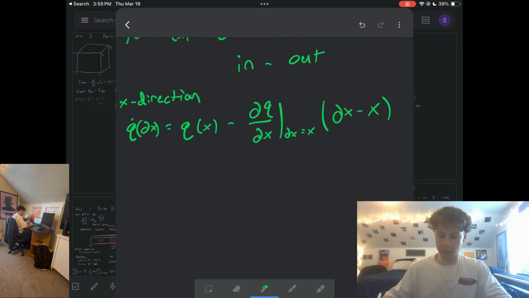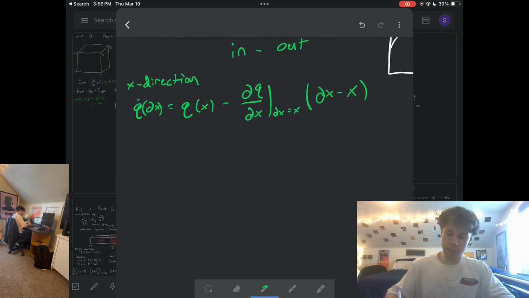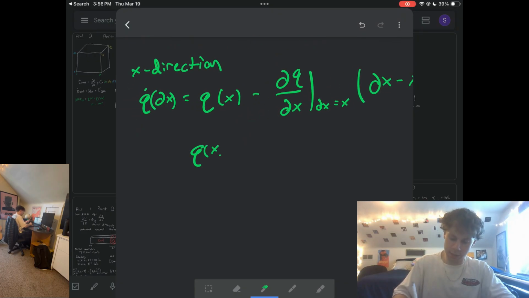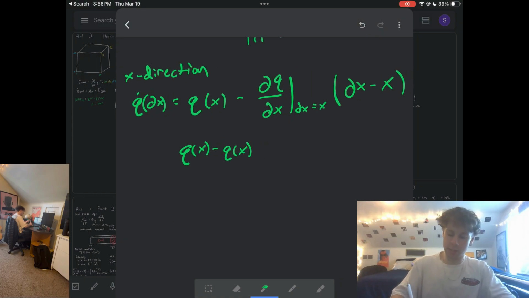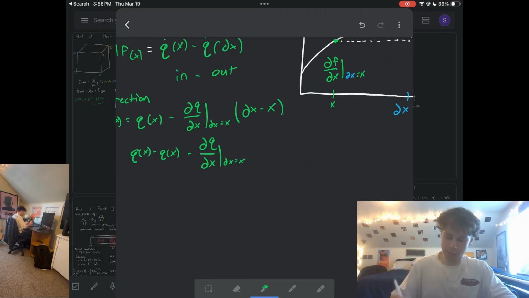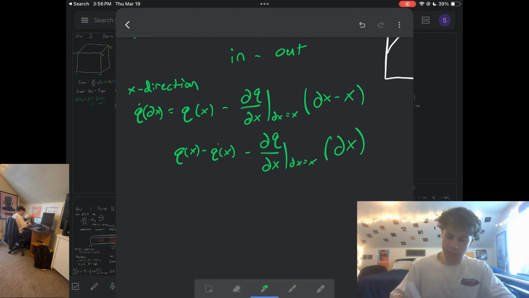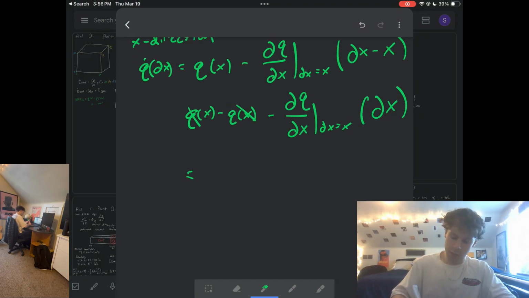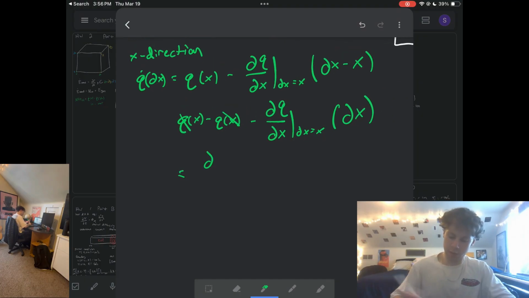So simplifying this, we'll move this x over here. So we'll get qx minus qx minus our change in heat flow over change of position, evaluated at dx equals x, multiplied by our dx. So these two will cancel, and we'll be left with our change in heat flow, negative, over change of position, evaluated at dx equals x times dx.